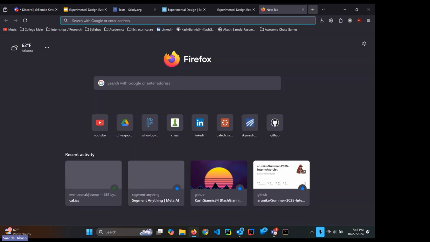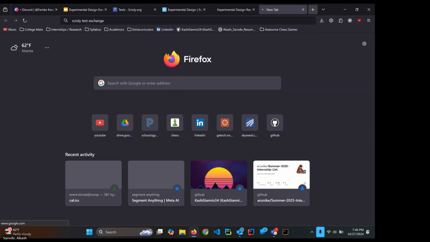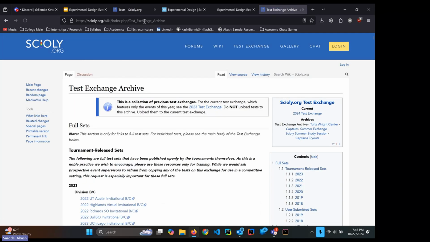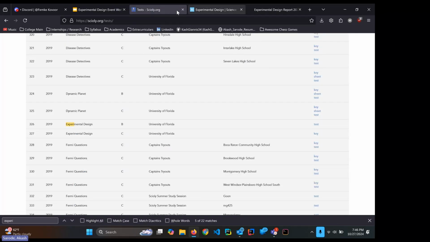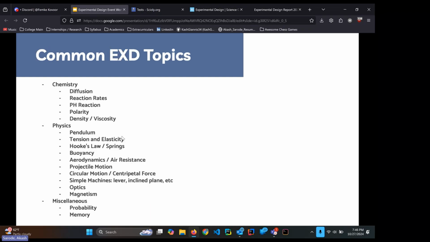And if you just search up SciOly test exchange and click the test exchange archive, this is also another really useful link because it has experiments from specific tournaments as well. So those are some resources you can use to find experiments to do for experimental design to prepare and practice.